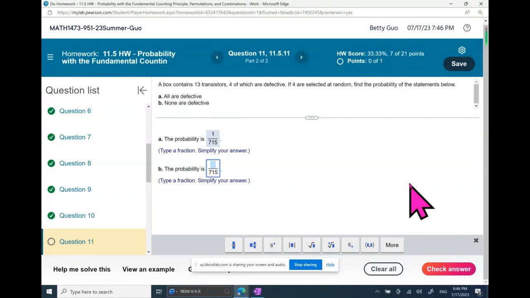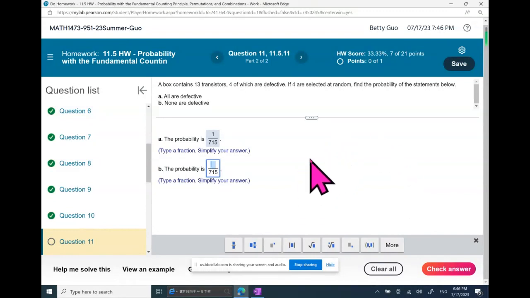None of them defective means the 4 items you select are from the 9 items that are not defective. So 13 transistors, 4 defective, 9 are good, so you have to pick all 4 from the 9.